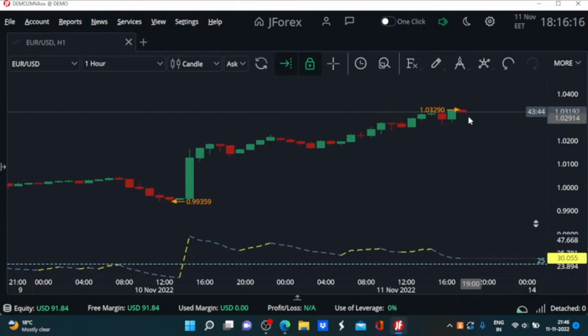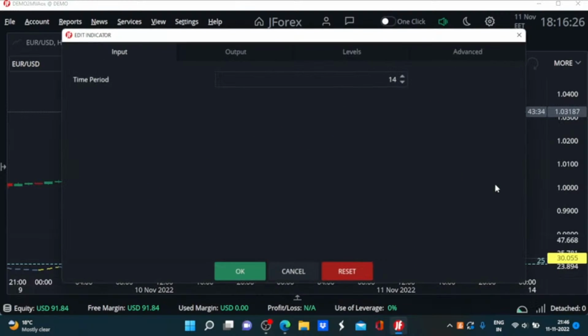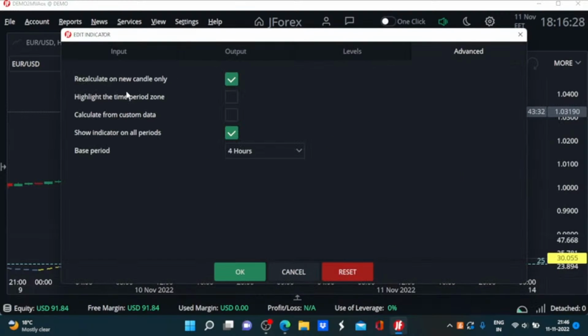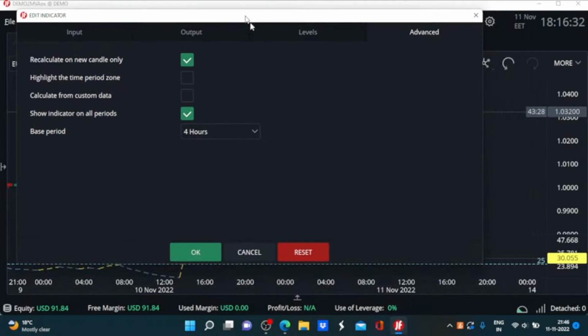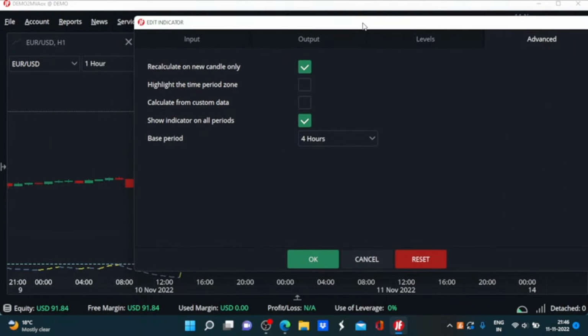And if we keep the applied price fluctuating and we don't really go for the constant price, then this output value of the plus DI is going to move in conjunction with the applied price. So that's the difference. And you have to determine whether you want a constant price, constant output throughout the current candle period, or if you are comfortable with it moving in line with the current applied price.